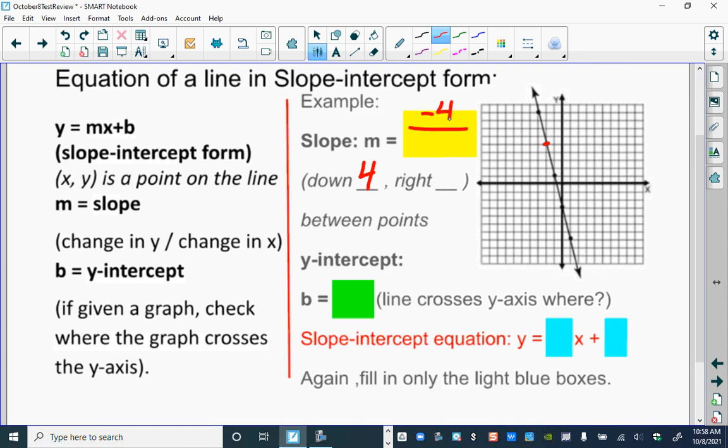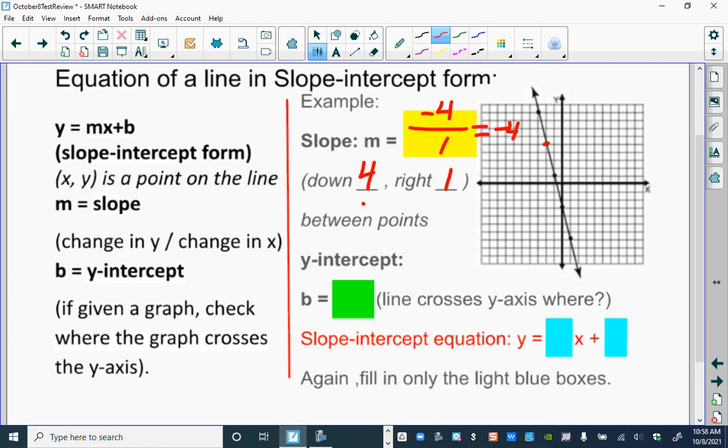And how far to the right? Just 1. So your slope would be -4/1. How do we simplify -4/1? It's just -4 in the end. So your m is -4.